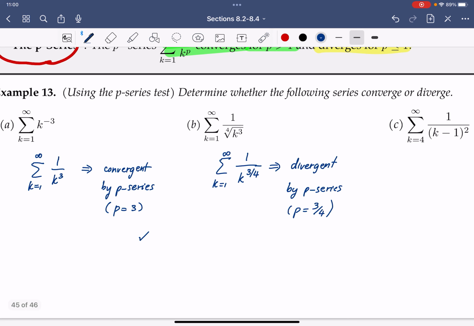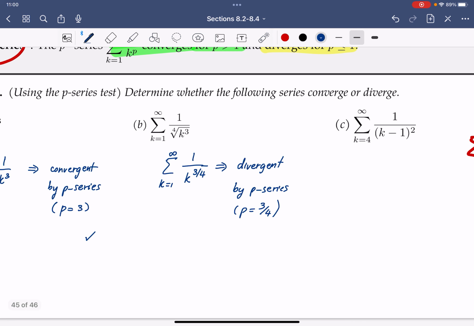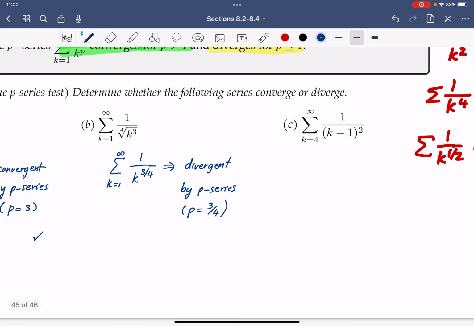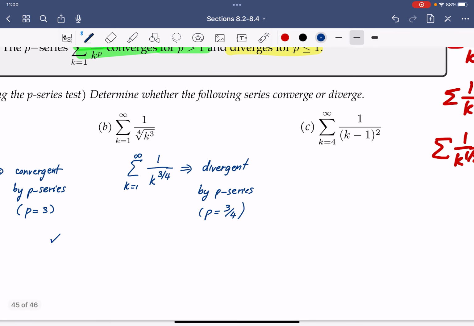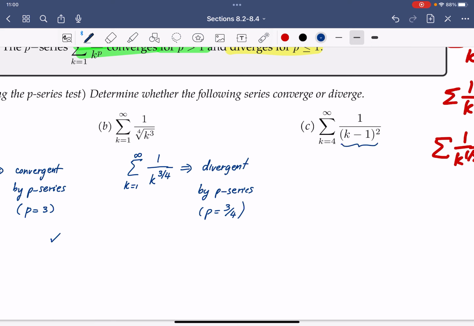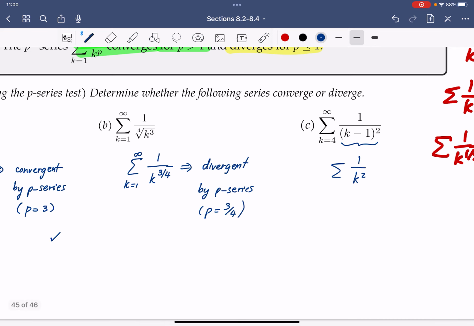So the last one, how about 1 over k minus 1 squared here, with k starting from 4 to infinity? This looks odd because this is not like k, but you can switch it. It is the same thing as 1 over k squared. The first term, since it starts from 4, is going to be 1 over 3 squared.